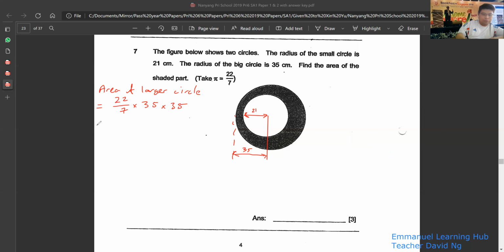Okay. Here you can press calculator, right? Okay, you press calculator, what do you have?